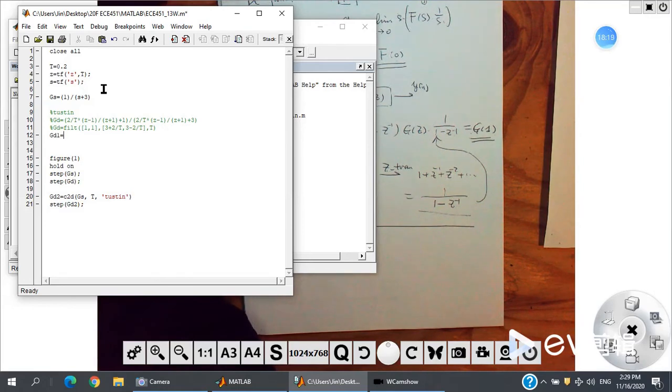This one we will replace the zeros and the poles by this method. Now numerator is 1, so it is still 1, and the denominator is s plus 3. Now I will replace it by z minus exponential power of t is given. Okay, it's a negative a times t, so negative 3 times t.